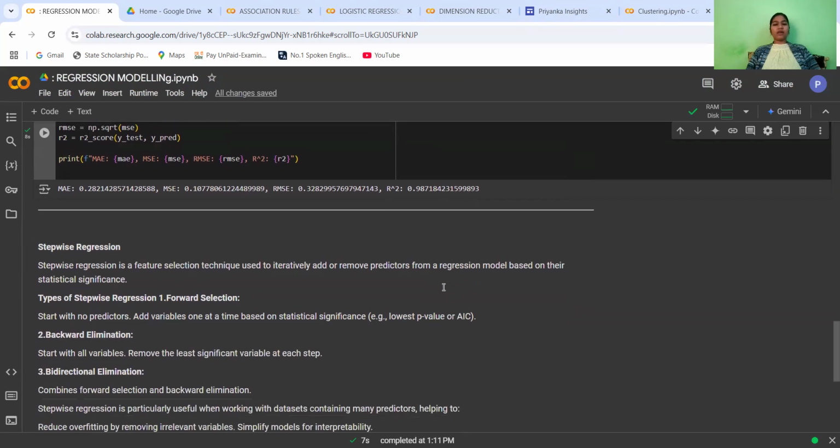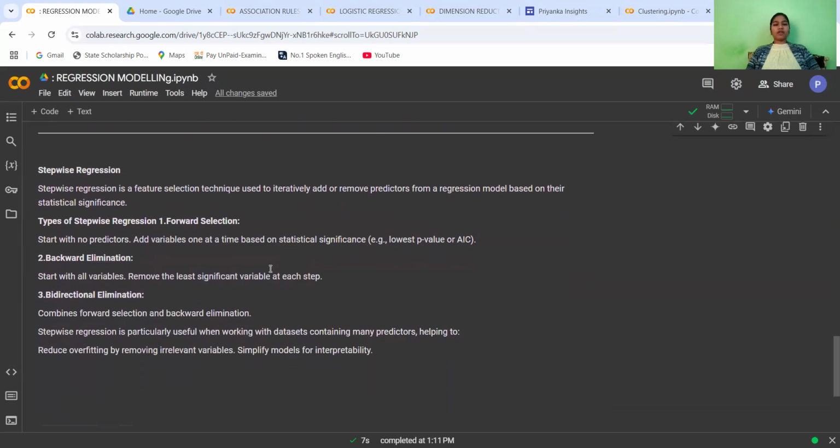Now, stepwise regression. Stepwise regression is a feature selection technique used to iteratively add or remove predictors from a regression model based on their statistical significance.